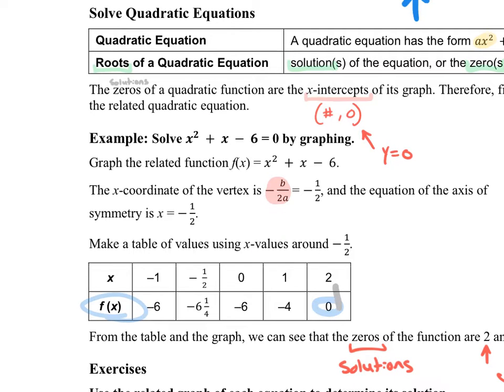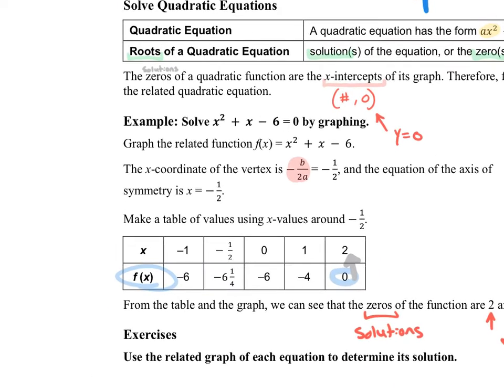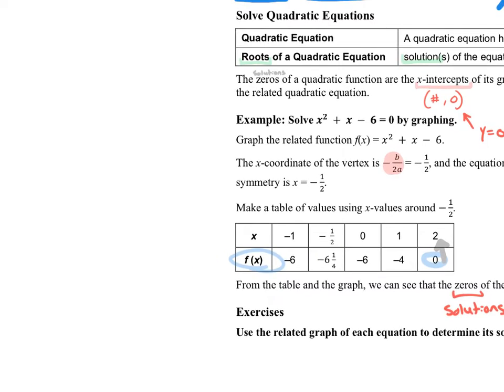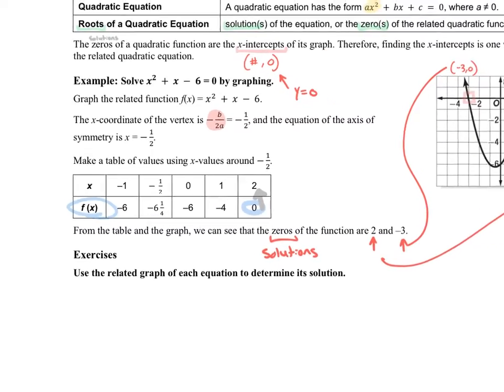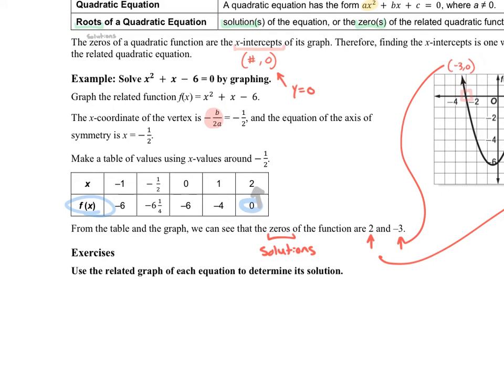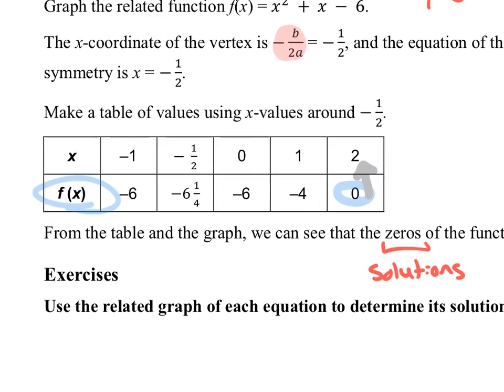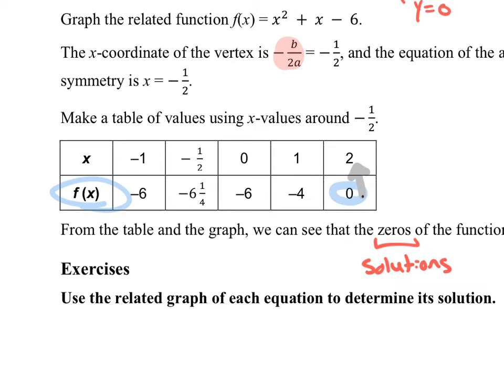Wherever the y is 0, it tells you a solution. Now, what they did a bad job on is having their table show other values, because it's missing the other x-intercept. When we create tables, we're going to create tables that show all the x-intercepts, so both of them if there's 2. But that's how you do it from a table. You find where 0 is, and whatever the x-coordinate is, that's a solution.